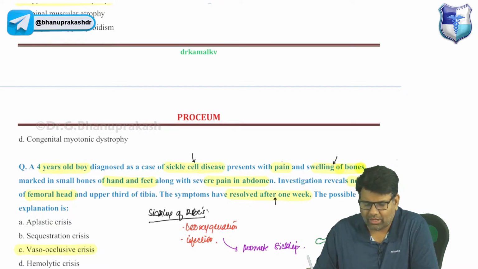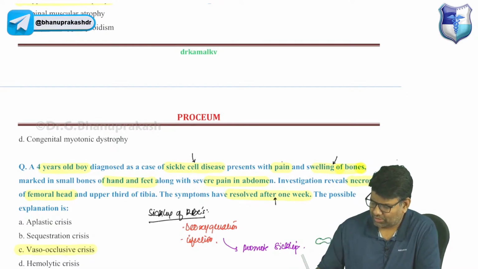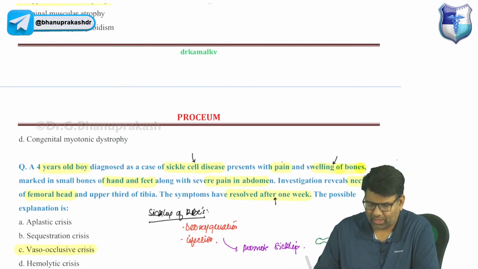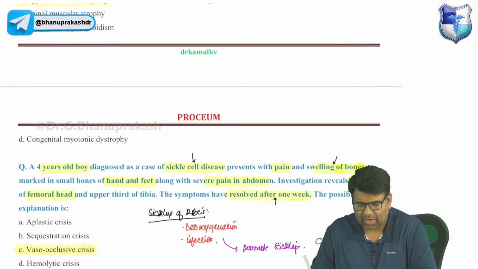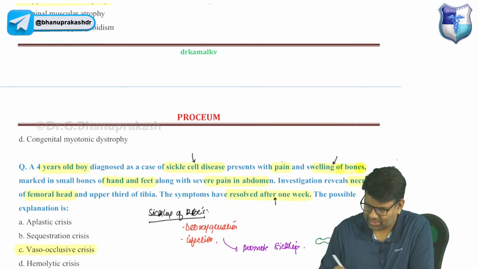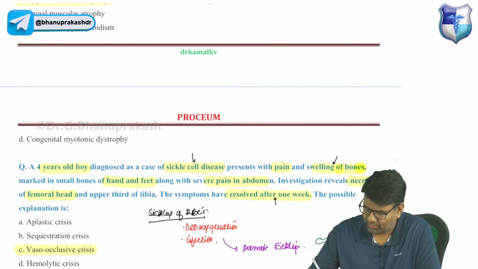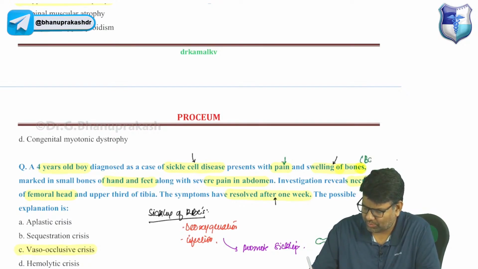Now these are bone pains. So they are bound to occlude the small arteries. So that what leads to vaso-occlusive crisis, and that presents as painful episodes with swelling, especially in the small bones, and this is known as bony pains.